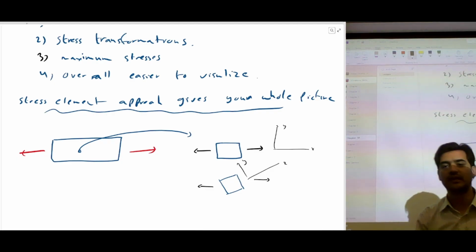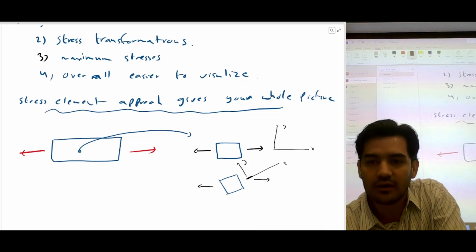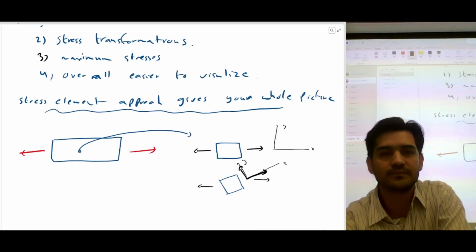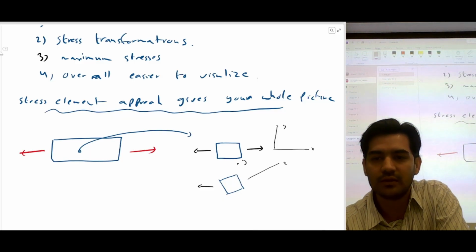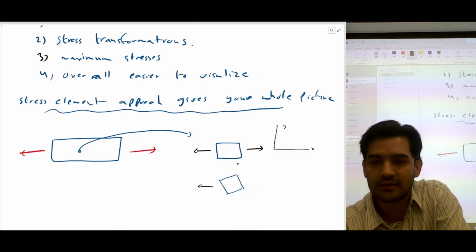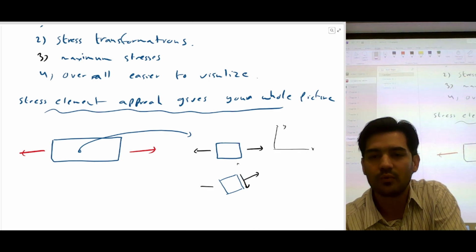So if you just transform this force, some of this force will go on the x-axis, some of this force will go on the y-axis. So actually, when you rotate the stress element, you're going to get some normal force and you're going to get some shear force. Same will happen here.